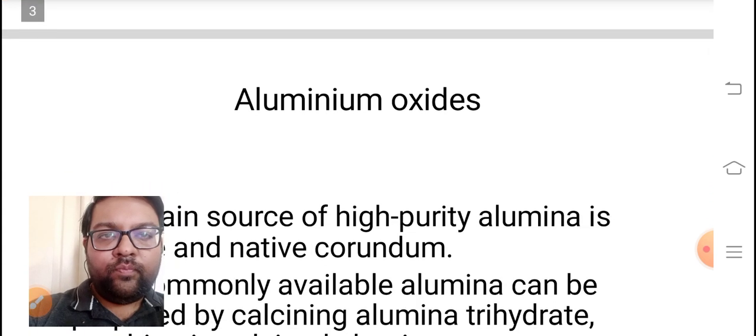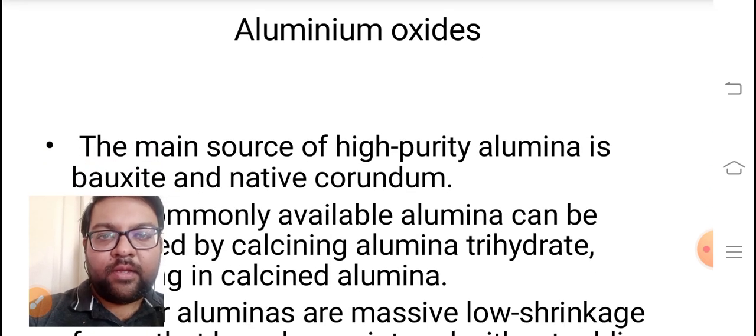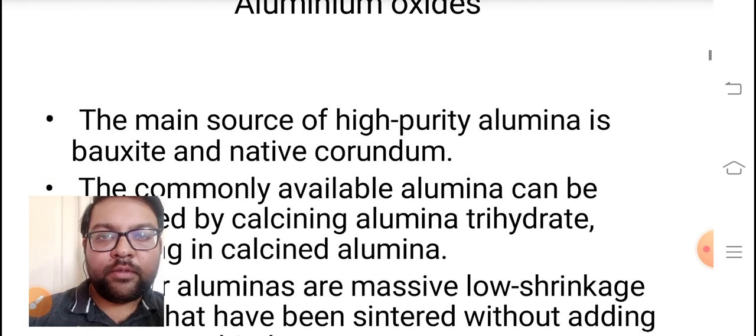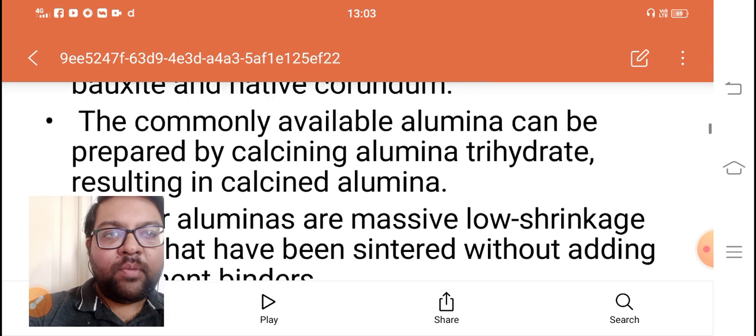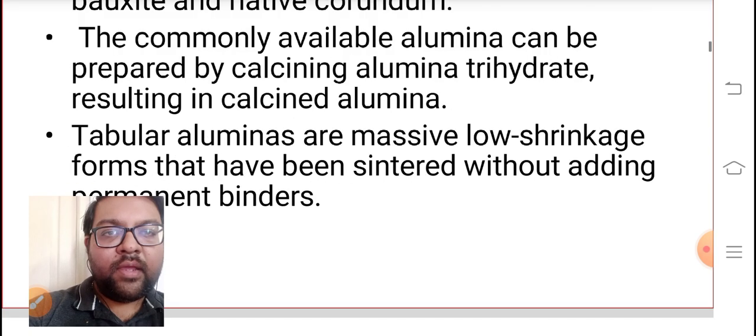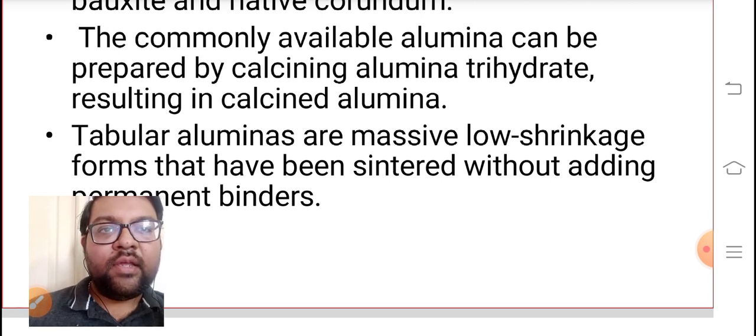Coming to the class of ceramic materials, that is aluminum oxides. The main source of high impurity alumina is bauxite and native corundum. The commonly available alumina can be prepared by calcining alumina trihydrate, resulting in calcined alumina.